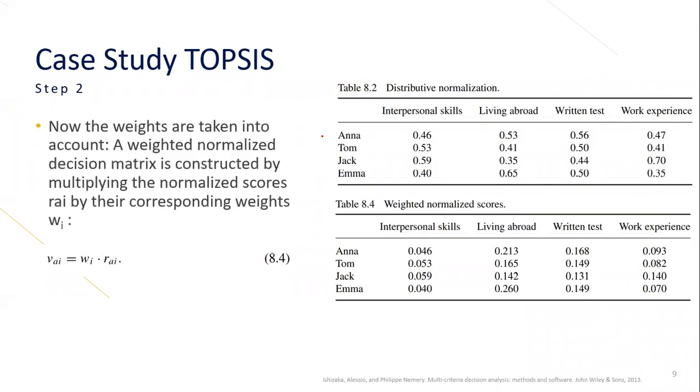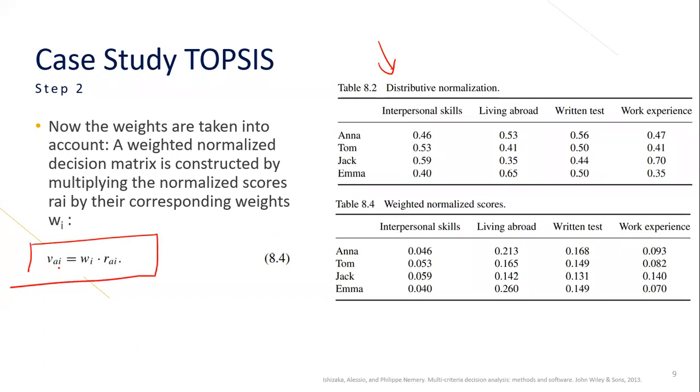Next, step 2.5 maybe, actually. So you have this normalization, right? Let's say we use the distributive normalization first. Actually, when you calculate the ideal normalization, the steps will also be the same. So let's use this example to do the distributive normalization. In distributive normalization, you will use this formula.